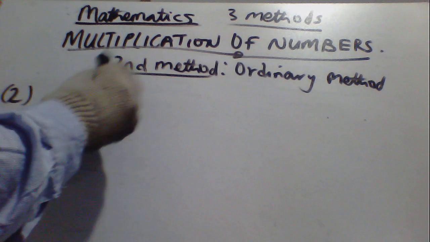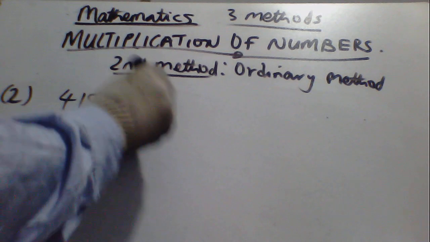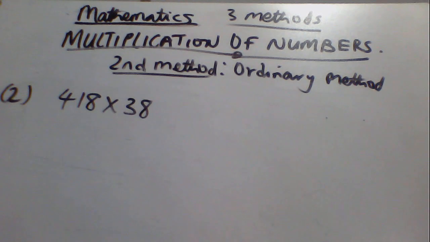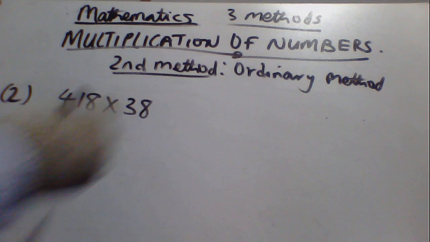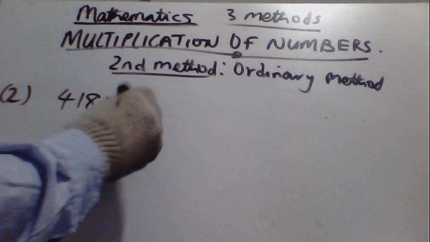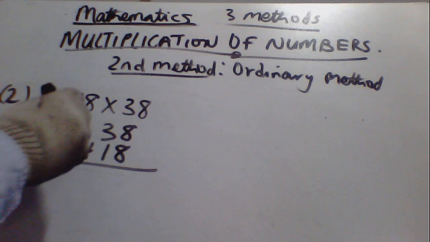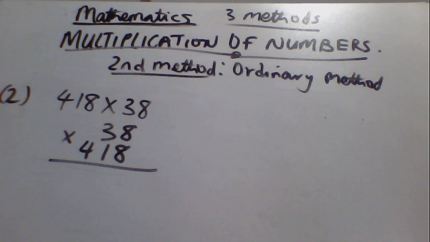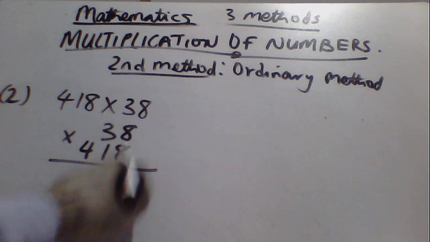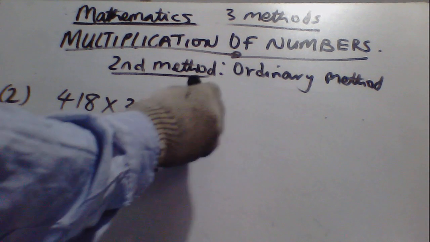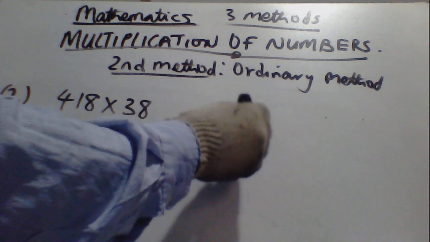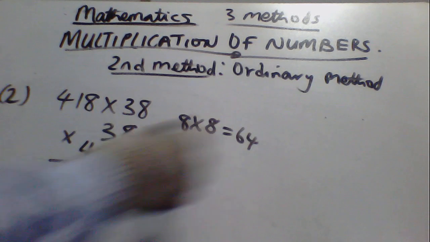The order of selection is not important. You can use any one as a multiplier. So in this case, I have 38 and I have 418. I will start from the back. 8 times 8 will give us 64. I write 4 and carry 6.